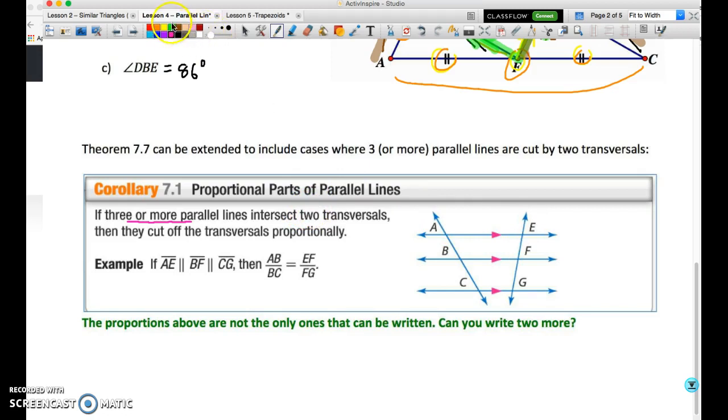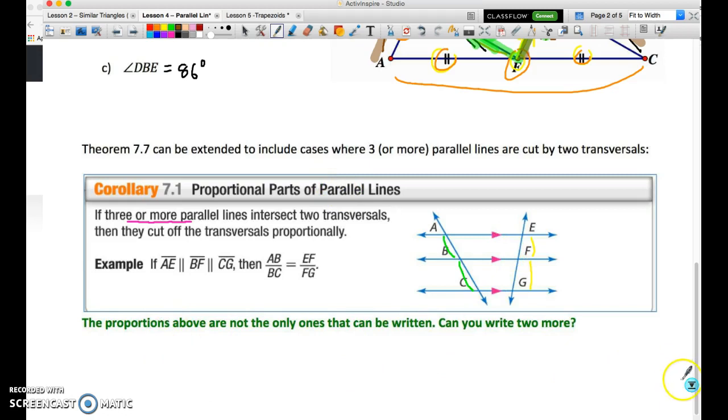Effectively that means whatever the ratio of AB to BC, the ratio of EF to FG will be the same. It's very important to note that AB and EF are not equal, but the ratio of them will be the same as the ratio of the other corresponding parts. Just an extension of the triangle proportionality theorem.